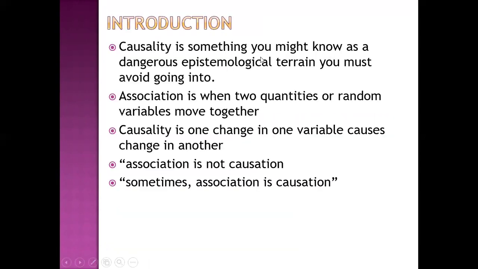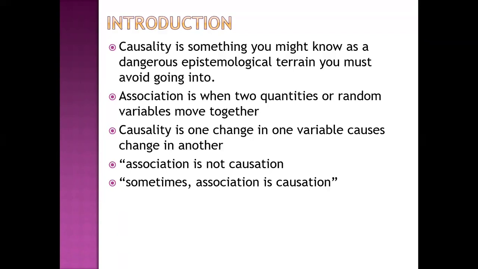Causality is something you might know as a dangerous epistemological terrain you must avoid going into. Association is when two quantities or random variables move together. Causality is when one change in one variable causes change in another variable.